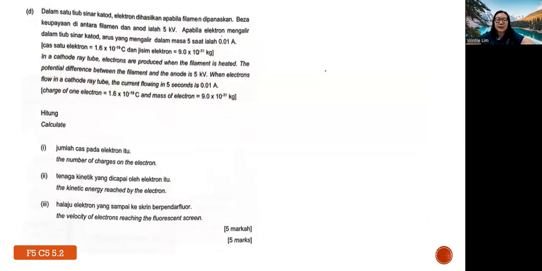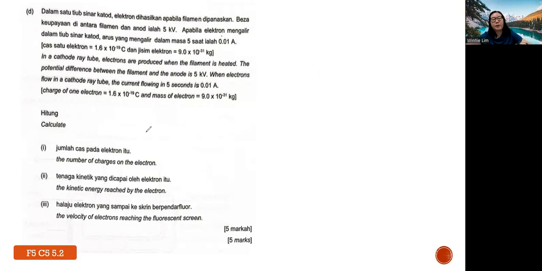Okay, then part D is a 5 marks calculation question. In a cathode ray tube, electrons are produced when the filament is heated, and the potential difference between the filament and the anode is 5 kilovolts. When electrons flow in the cathode ray tube, the current flowing in 5 seconds is 0.01 ampere.